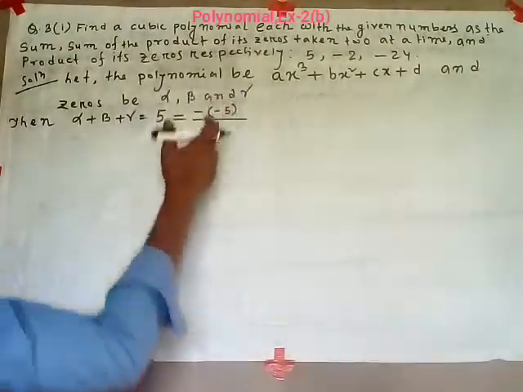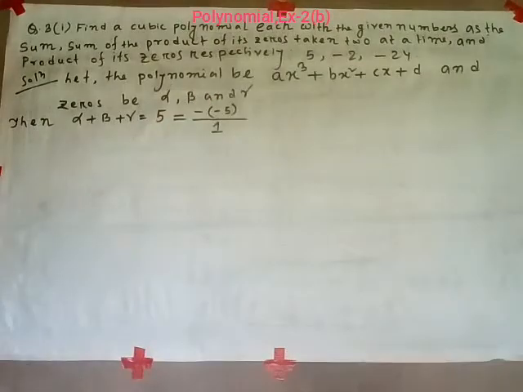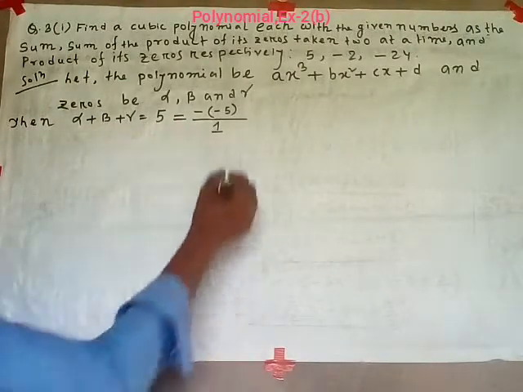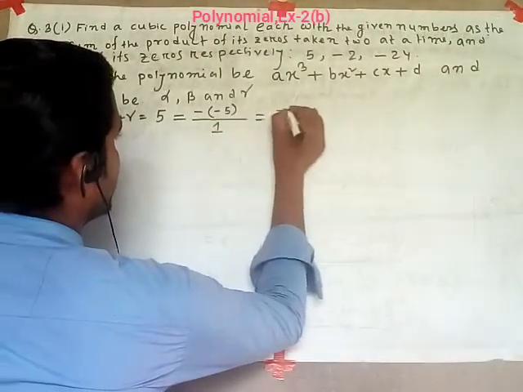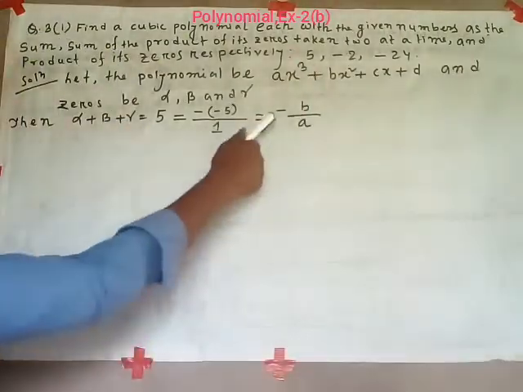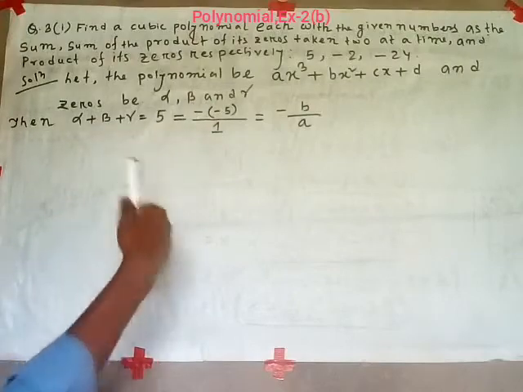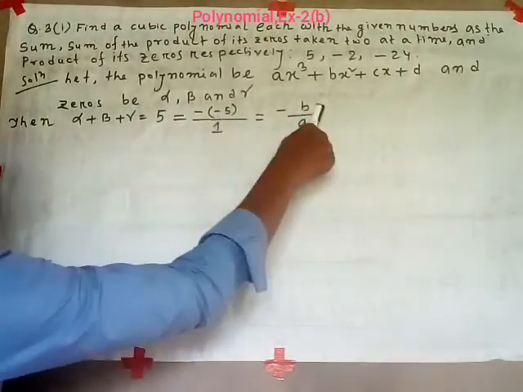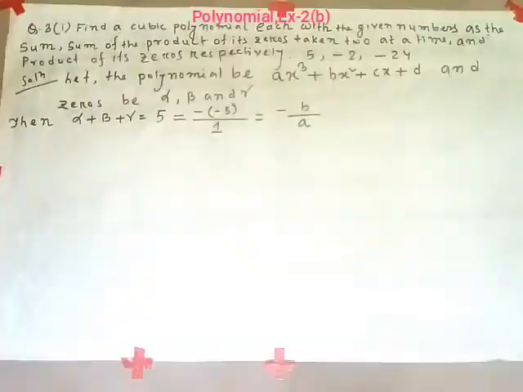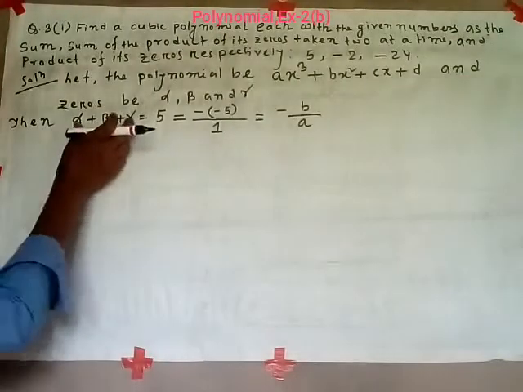But why are we writing here? We are trying to get the formula alpha plus beta plus gamma equal to minus b by a. So this minus and this minus cancel. Minus 5 means we can understand b, and a means we can understand 1. So this is the first part.